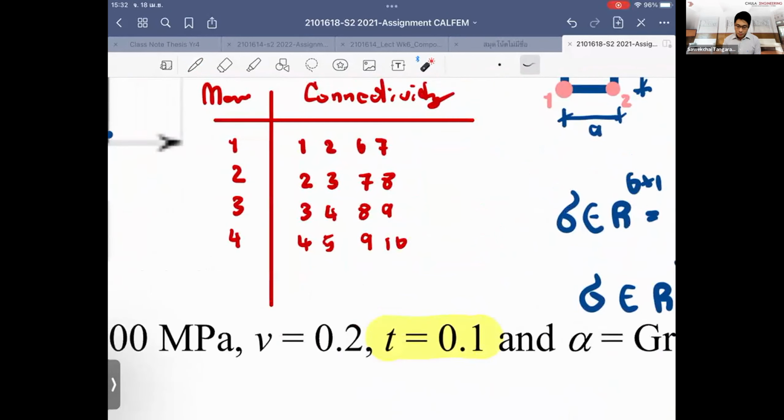If I'm looking at the numbers and knowing that it's running from 1, 2, 6, 7, I keep increasing by 1. So I have 2, 3, 7, 8. I add 1 to all the numbers. Here I get 3, 4, 8, 9. If I add 1, it gives me the 4th element, which is 4, 5, 9, 10. So by looking at this, you can make a repeating pattern in your coding, right?